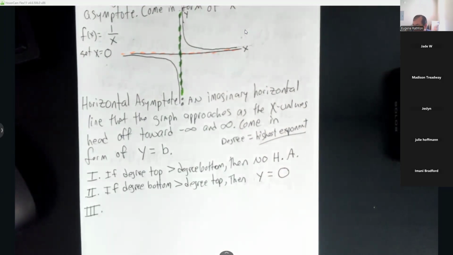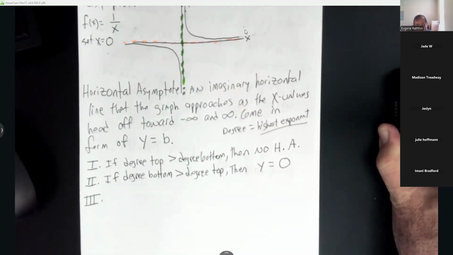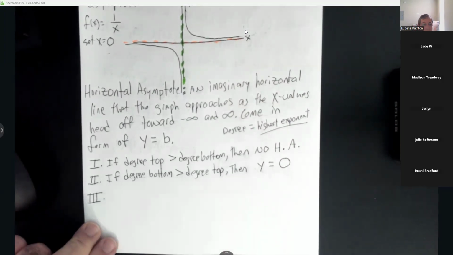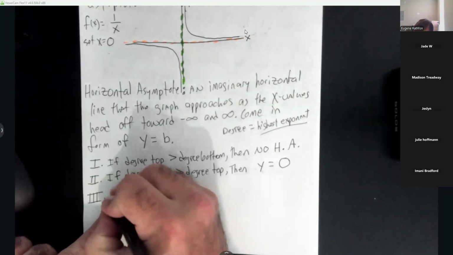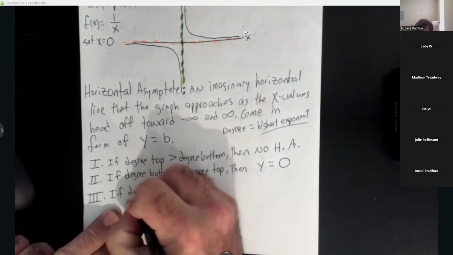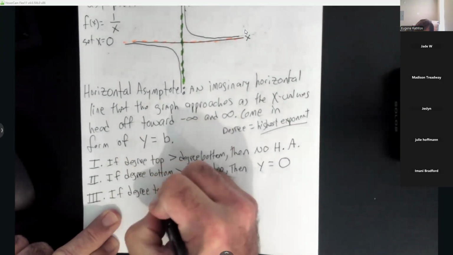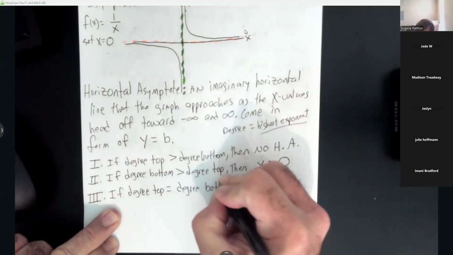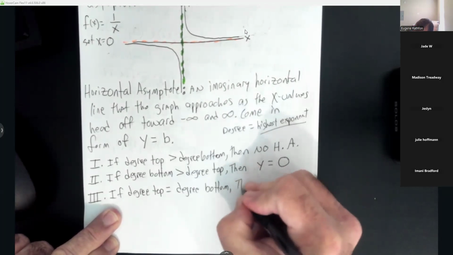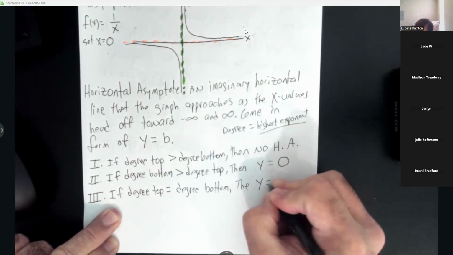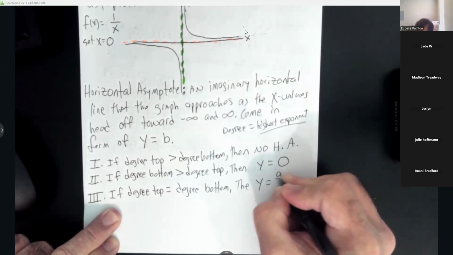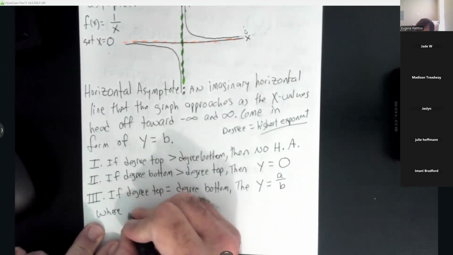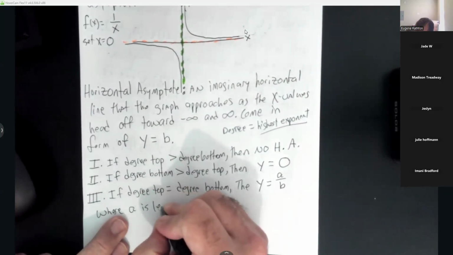All right, y'all, then we got this third case. So we got the top greater, the bottom greater. What if they're equal? If the degree on top equals the degree on bottom, then y will equal a over b, where a is lead coefficient on top.